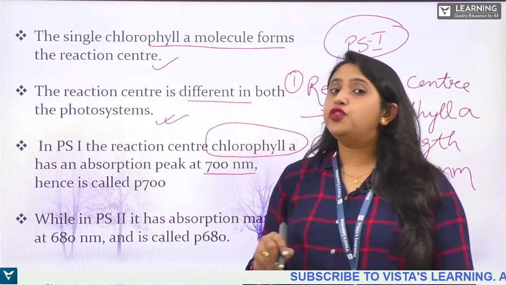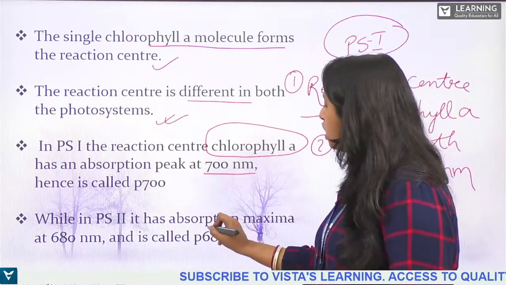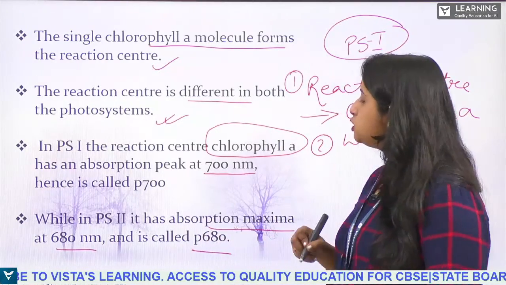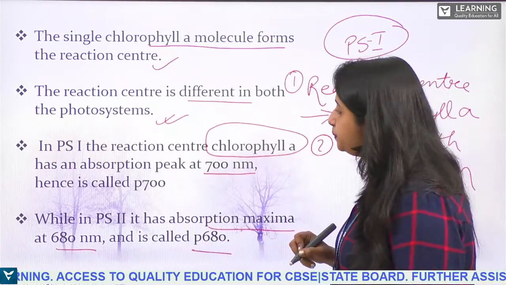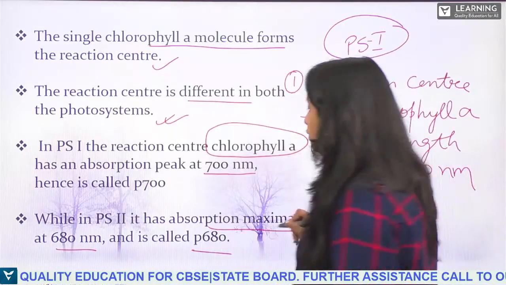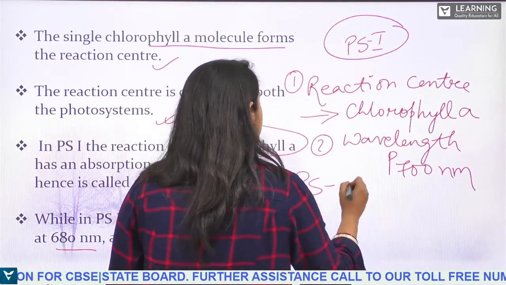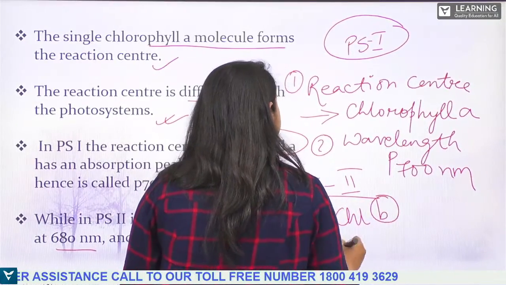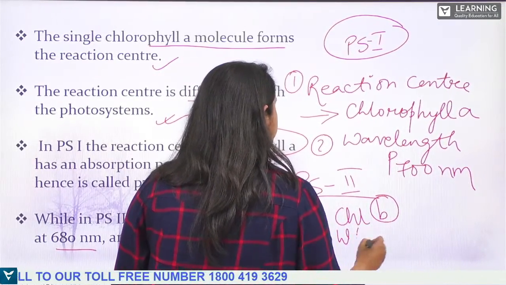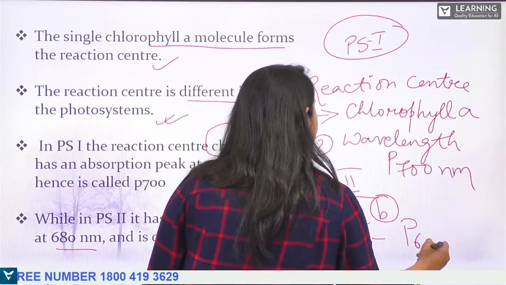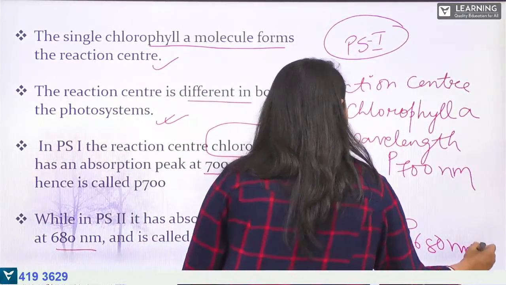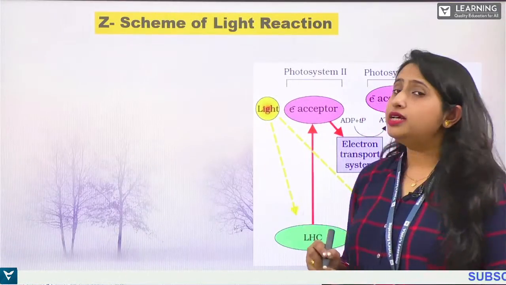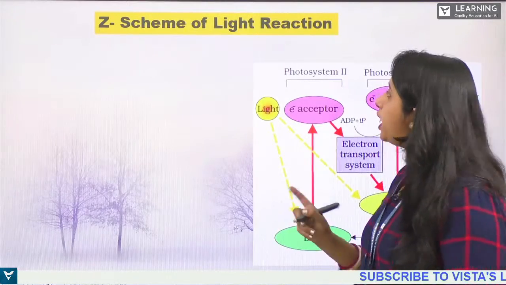Whereas in photosystem 2, the absorption maximum is 680 nanometer and it is called P680. In photosystem 2, the reaction center is chlorophyll B, and the wavelength is P680 nanometer. Now, let us see the Z scheme of light reaction.